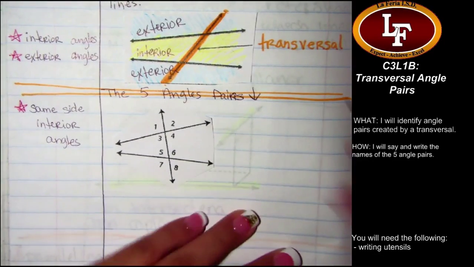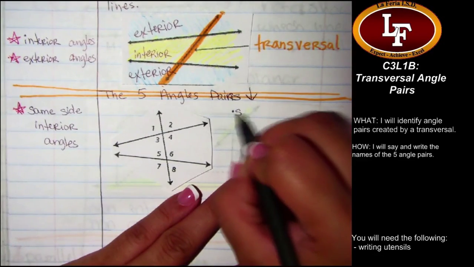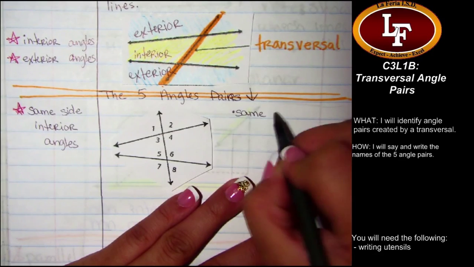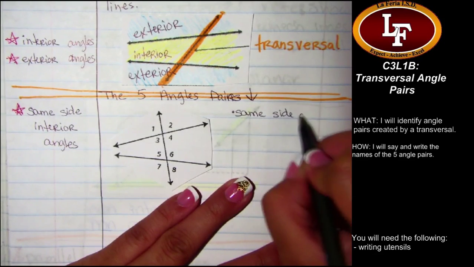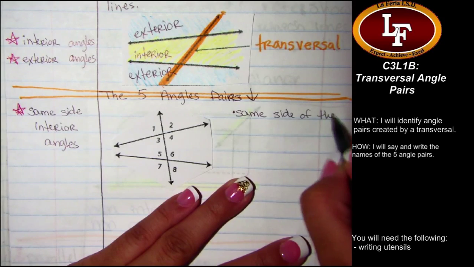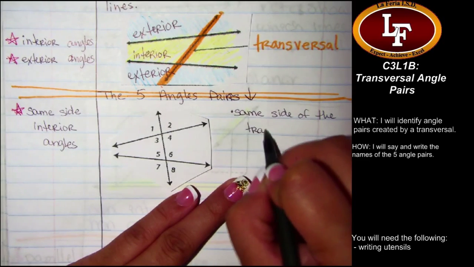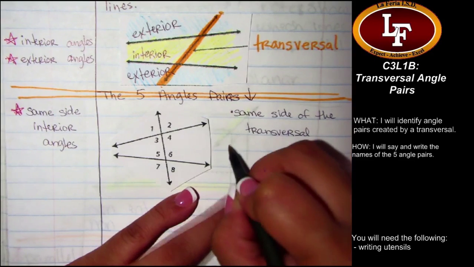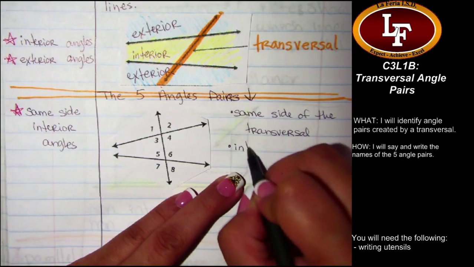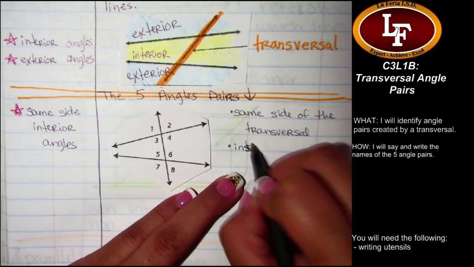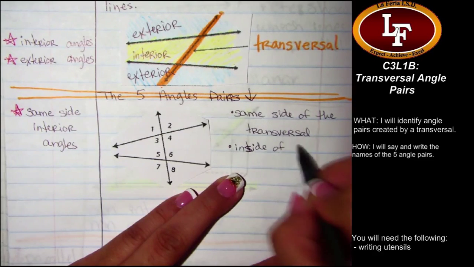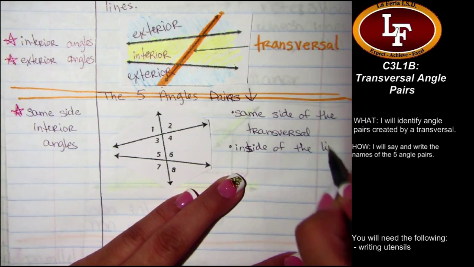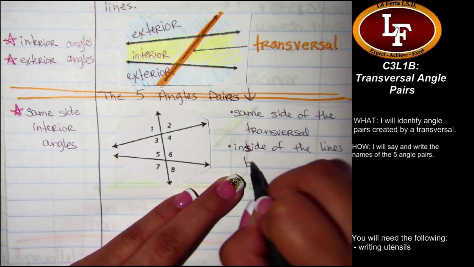You remember this? These angle pairs are going to be found on the same side of the transversal as each other. And they're going to be on the inside of the lines being intersected. So in the interior.